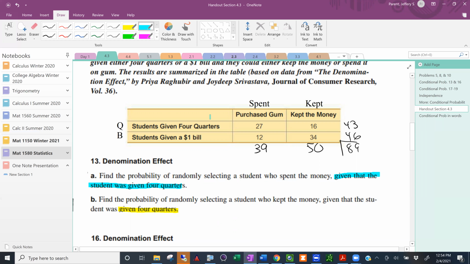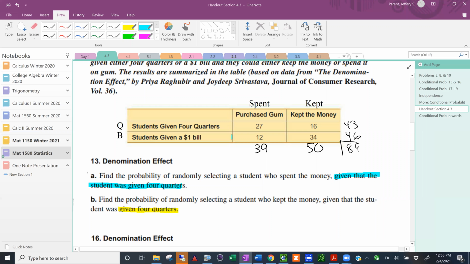It wouldn't be the spent column, because what you're being told is that they were given 4 quarters, Q. So what part of the table does that put you on?